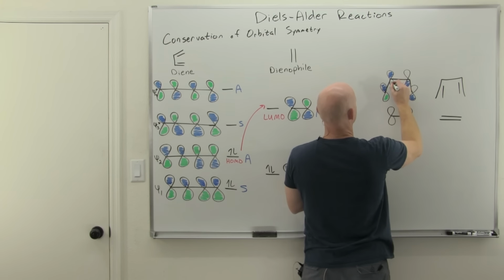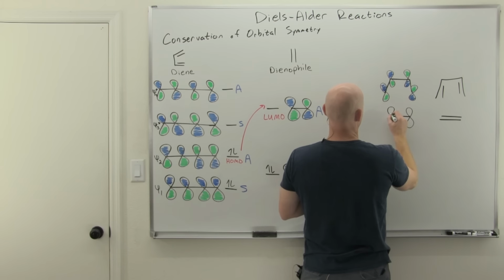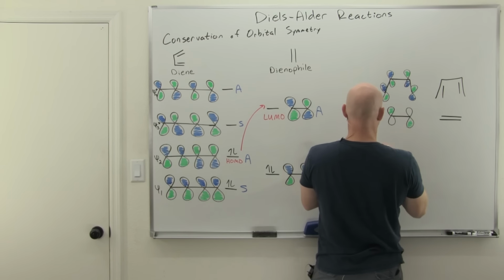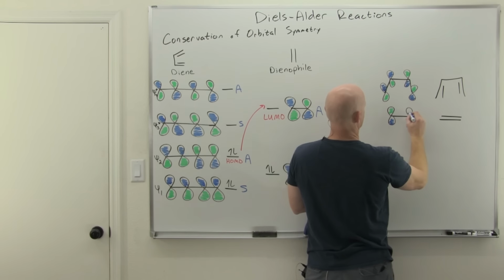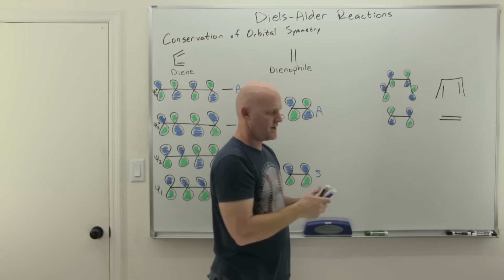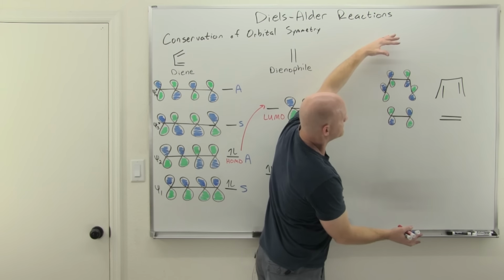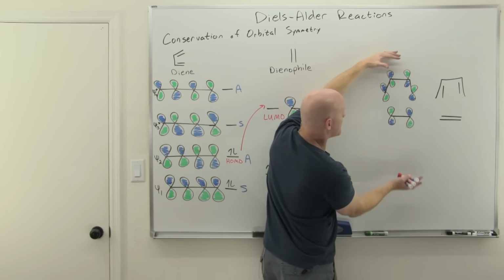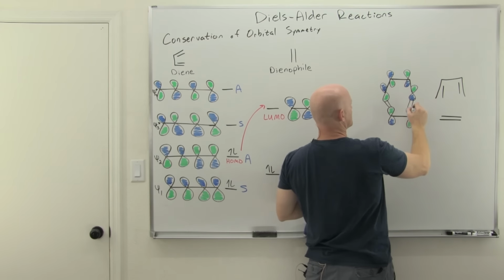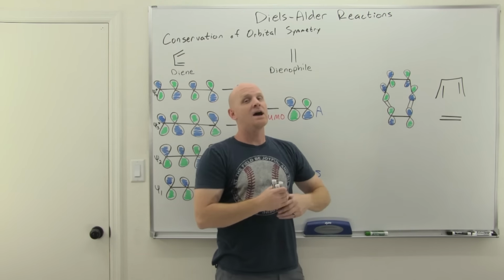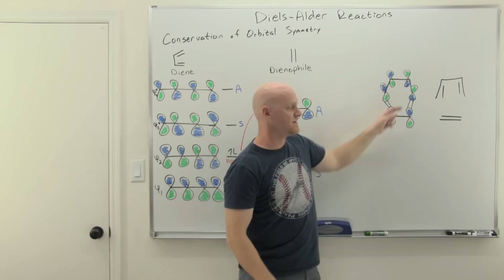So there's the highest occupied molecular orbital for the diene, and then the LUMO for the dienophile. And what you're going to find is that one is going to come right on top of the other. Here I've drawn it to where the diene is going to come right on top of the dienophile. And what we're going to get is overlap occurring here between the orbitals, and they have to be in phase. In here, they're both in phase, and in here, they're both in phase.